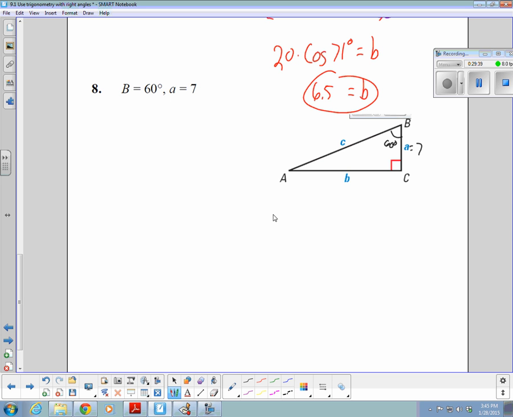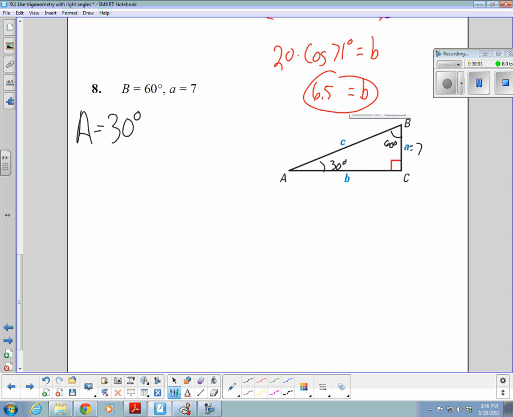Fantastic. Yes, you just subtract it from 180. So it's 180 minus 90 minus 60, which is going to leave you with a 30-degree angle for angle A. So angle A, 30 degrees, piece of cake. So we have our 30, our 60, our 90. Super common triangle, and it should look familiar, hopefully.